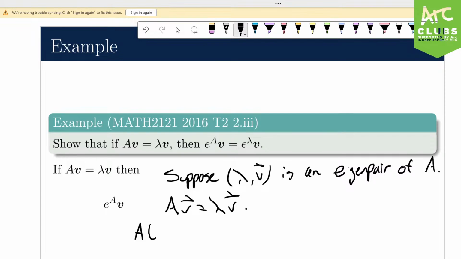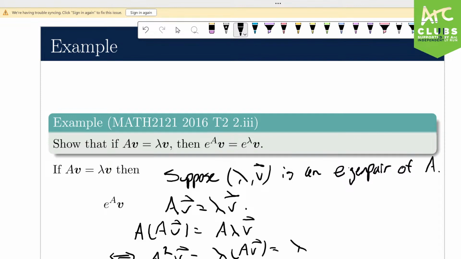So if we apply A to both sides, this is equal to A squared v, and this is just lambda Av, which equals lambda squared v, because this is just lambda v.